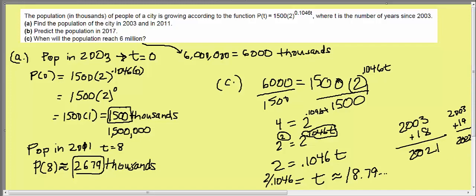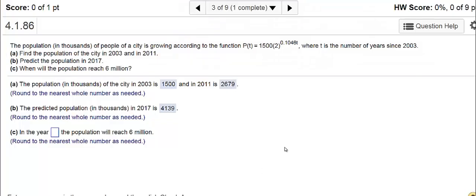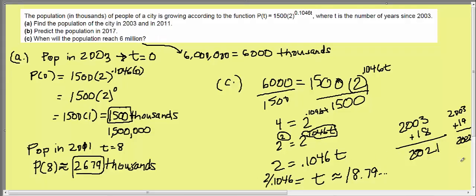So let's go over to my math lab and see if we can find out. It says, in the year blank, the population will reach 6 million. Round to the nearest whole number as needed. So I'm thinking, if I look back at my value, that if I'm rounding to the nearest whole number, technically I would have 0.79 here.